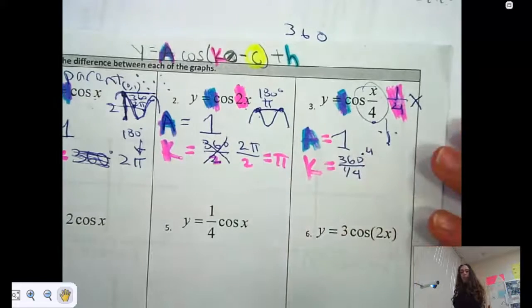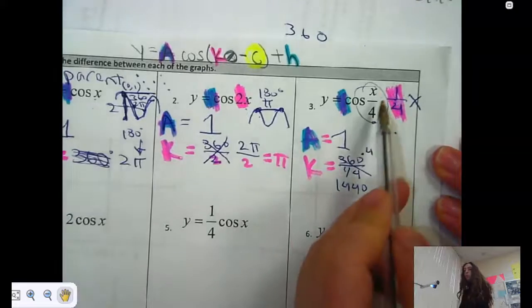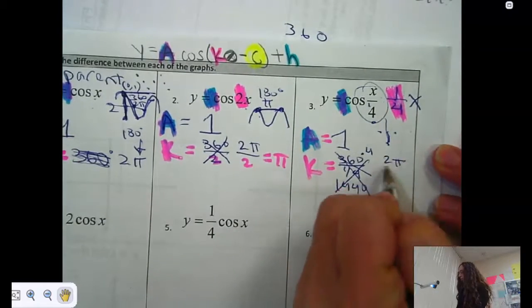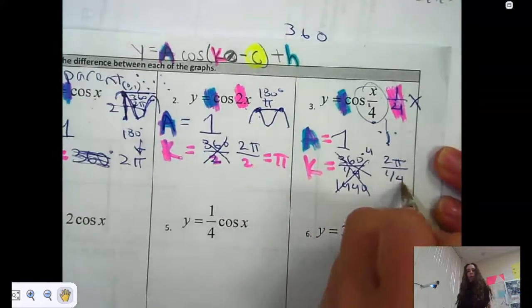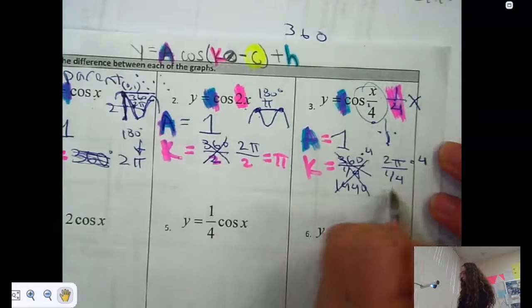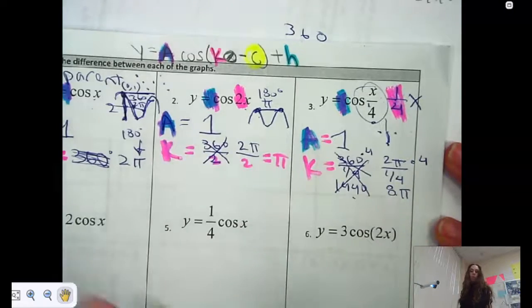So you're really multiplying by 4, which is 1440. But we're not in degree mode, we're in radian mode. So I'm going to go 2 pi over 1/4. If I'm dividing by 1/4, I'm really multiplying by 4, which is 8 pi. 8 pi and 1440 are equivalent.